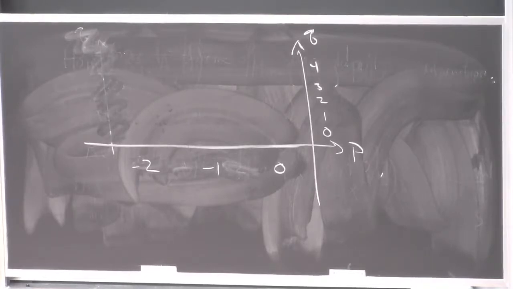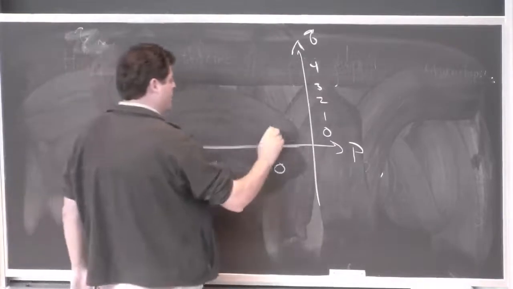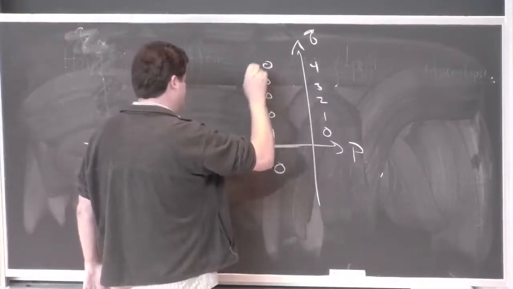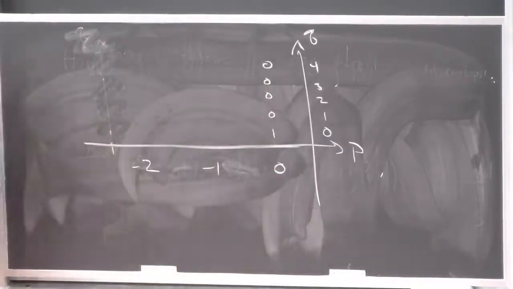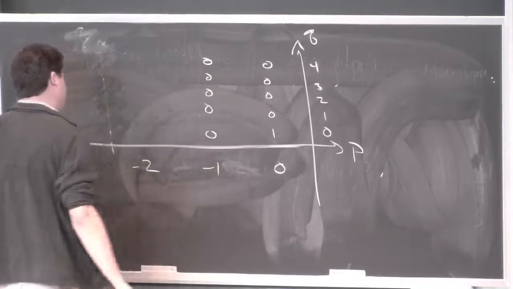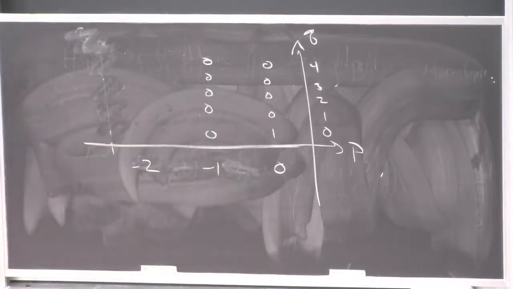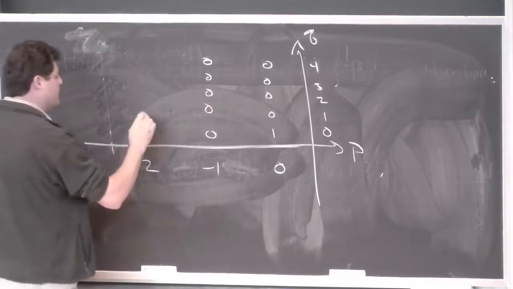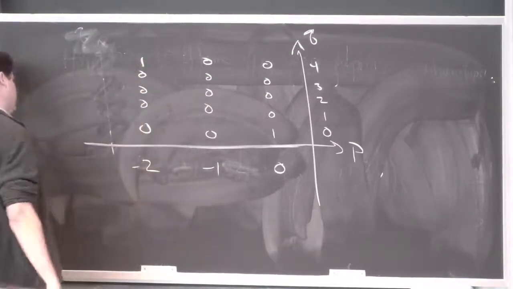The cohomology of O is here, 1, 0, 0, 0, 0. The cohomology of this thing is 0, 0, 0, 0, 0. And the cohomology of this thing is 0, 0, 0, 0, 1.